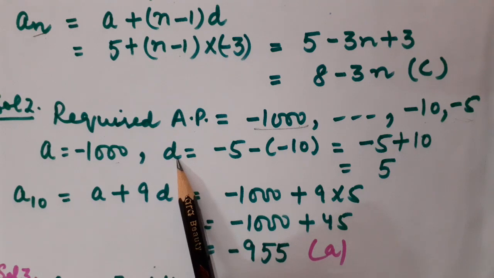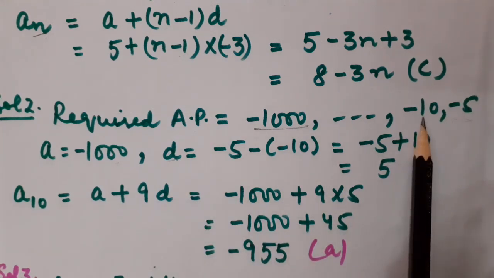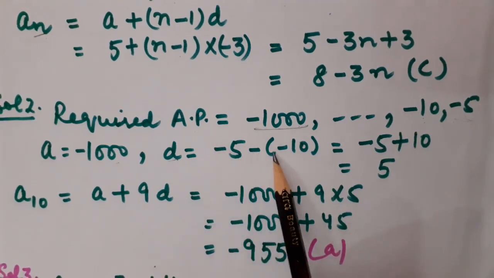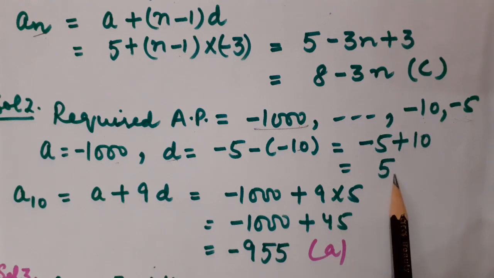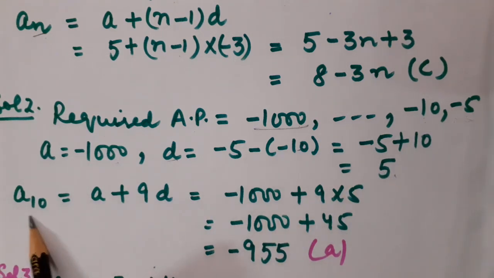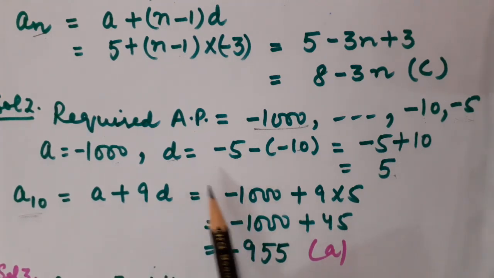D, that is the common difference. How do we calculate, children? Succeeding term minus preceding. So it would be minus 5 minus of minus 10, which is equal to minus 5 plus 10, that is equal to 5. Children, we will have to calculate the 10th term. So we write A10 is equal to A plus 9D. Just substitute the values of A and D. You will be getting minus 1000 plus 9 into 5.